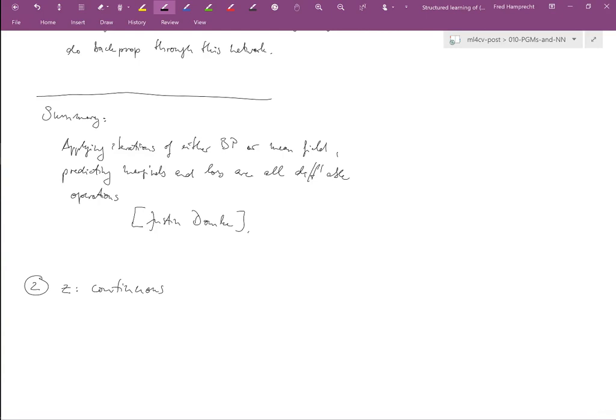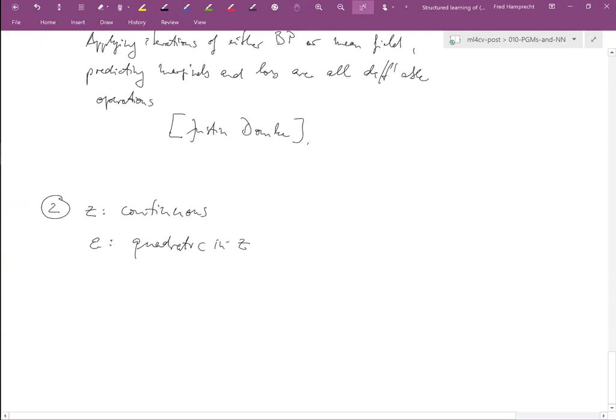And what if the energy is quadratic in Z? Does it ring any bells? Have you seen this before?